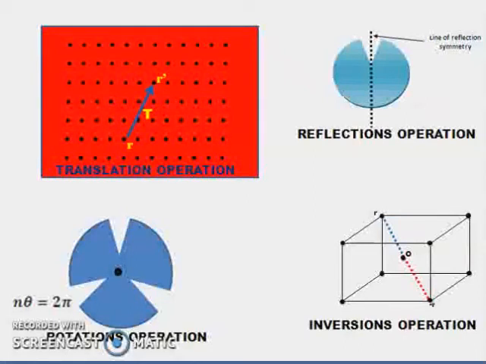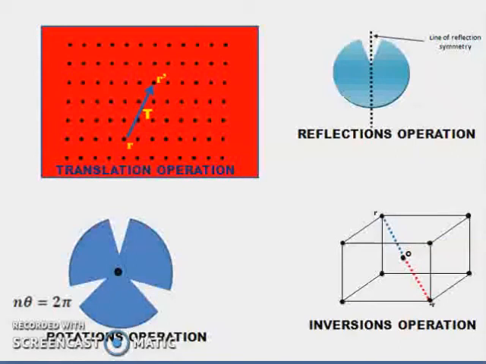If you see this blue circle which has an opening there, if we have this kind of shape, we can draw a line, which is called a line of reflection symmetry. That line divides the crystal into two mirror images. So this crystal is said to have a reflection symmetry operation.